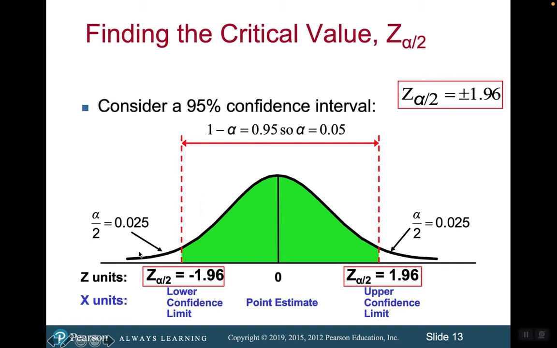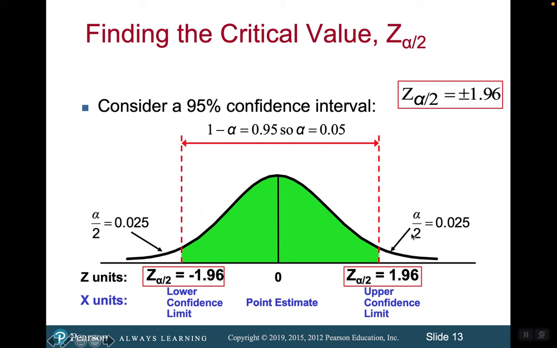All right, and assuming the shape is correct, we take our 0.05 and divide it by 2, which is 0.025. So each tail, for the upper confidence level and the lower confidence level.